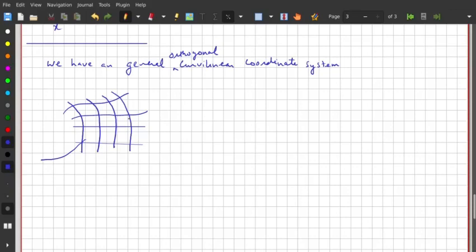So this is in 2D, and this is in 3D, any generic coordinate. In 2D, the isolines, as you can see, are represented by curves. So these are the isolines. Let's say in 3D the general coordinates are represented by u1, u2, and u3.